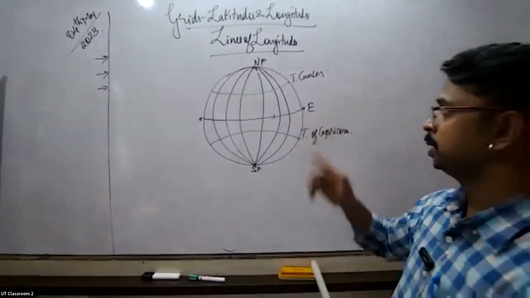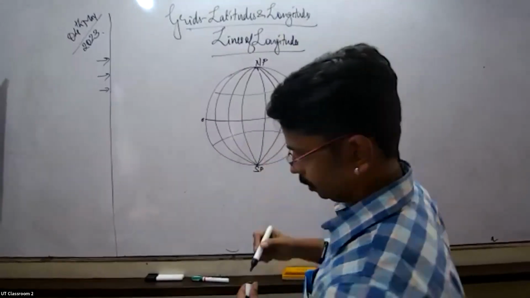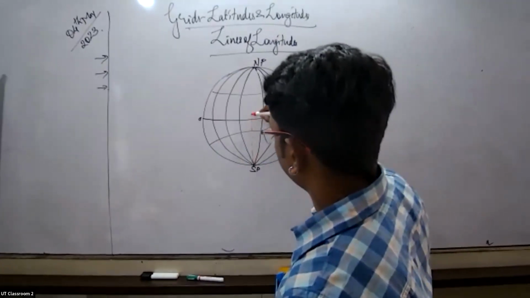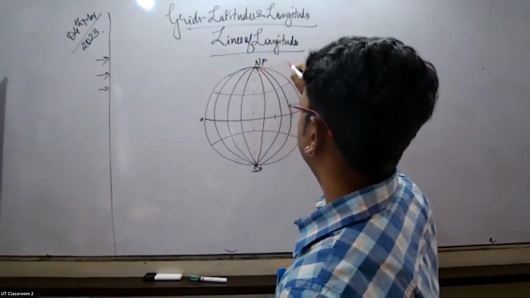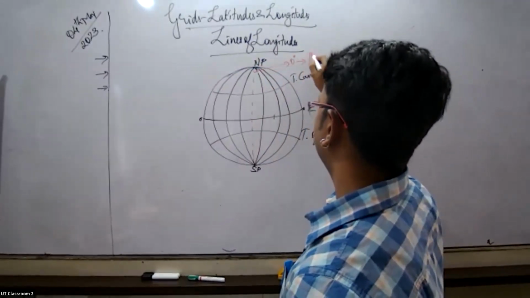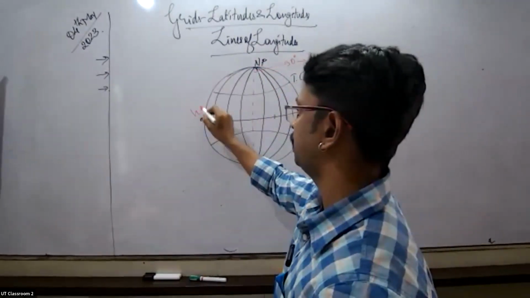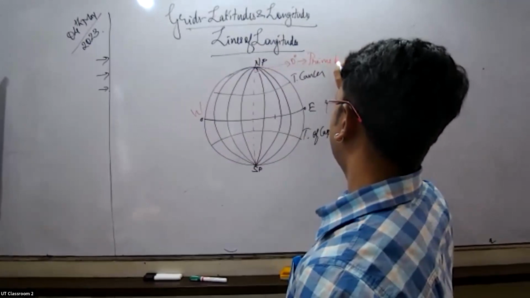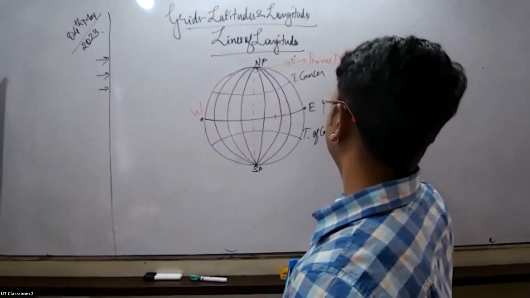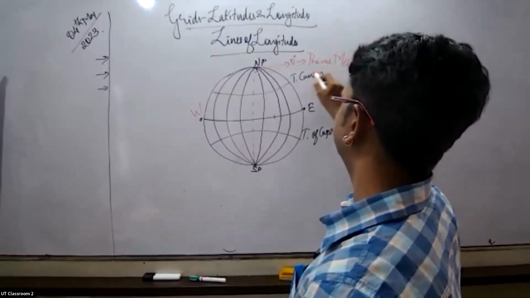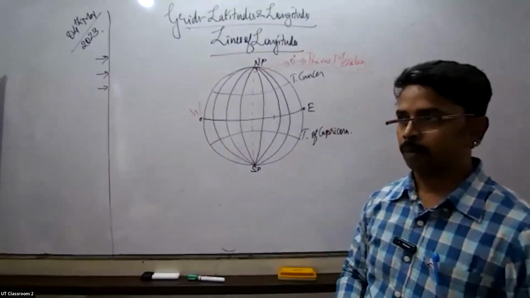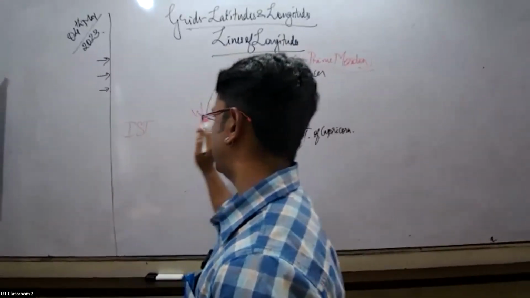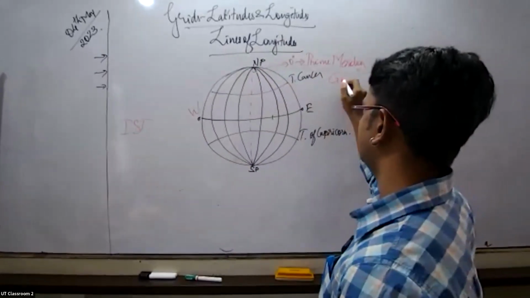Now for longitude, these are different, correct? So how are they different? Now we are not going to mark north and south, but we are going to mark the west and east. This is western hemisphere and this is eastern hemisphere. Like we have the equator as the 0-degree line, here we will have a 0-degree line. For India we follow a time which we call IST, whereas for Europe, generally we have something called GMT.